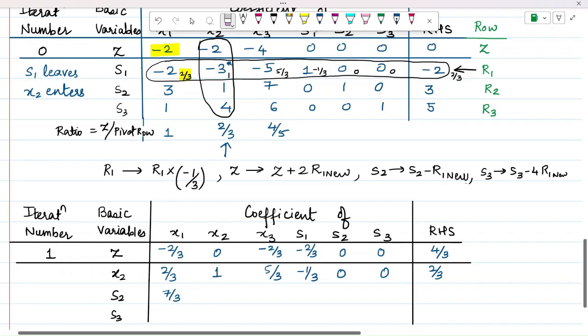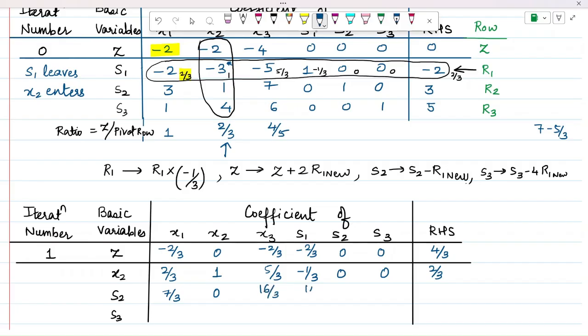Then I'll have 1 minus 1, which is going to give me a 0, which is what we wanted. Then 7 minus 5 by 3 is going to give me 21 minus 5, which is 16 by 3. The next is going to be 0 minus of minus 1 by 3, which gives me plus 1 by 3. Then 1 minus 0 is going to give me 1, and this is going to remain 0. And then lastly, we have a 3 minus 2 by 3, which gives me a 7 by 3 again.